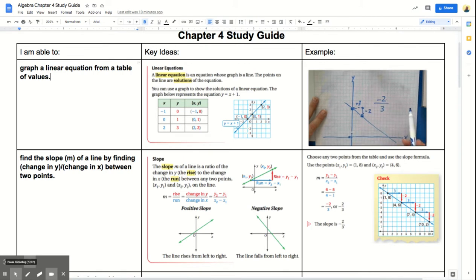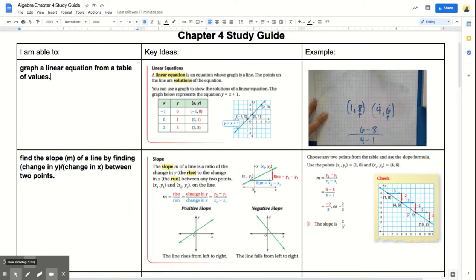Now, if we're really just looking at points, we could look at the two points that they have on the graph, (1, 8) and (4, 6). If we look at our y values, remember that's the second part of your ordered pair, we could say 6 minus 8, pulling the value from our second pair there, over 4 minus 1.